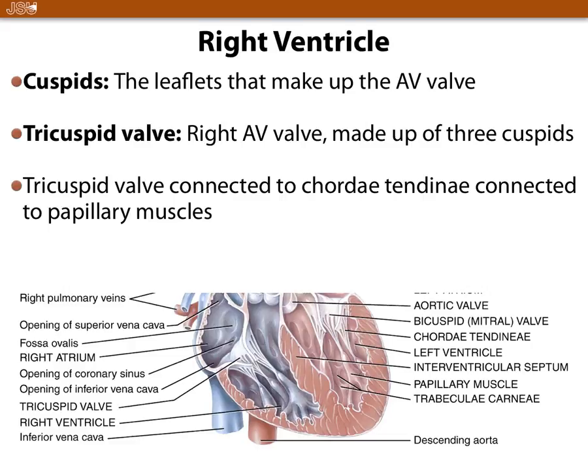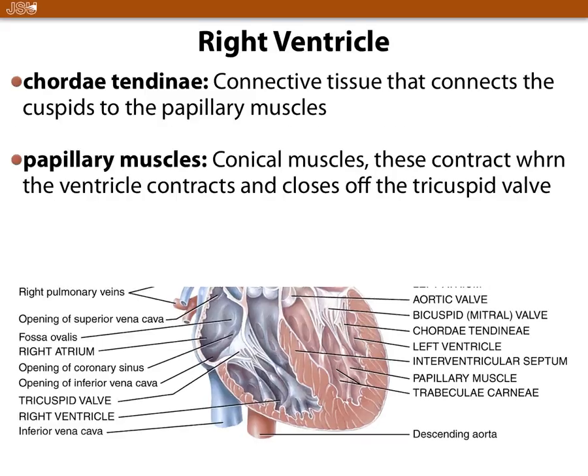These valves are controlled by, well, heartstrings, if you will, chordae tendineae, and these are going to open and close off these valves. The muscles that contract to do this, to close these valves off, are the papillary muscles.